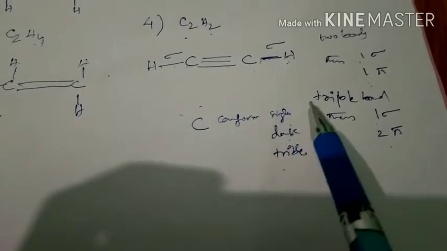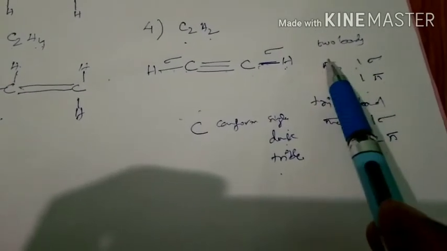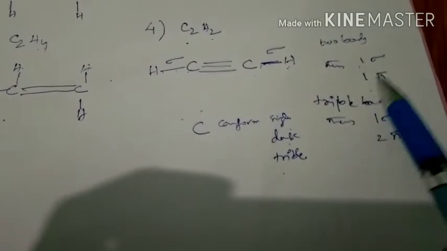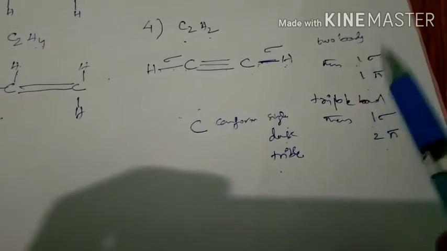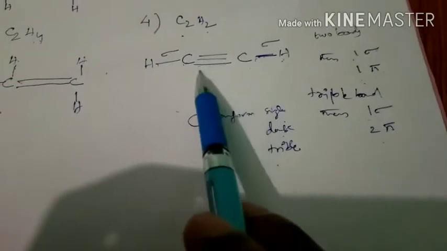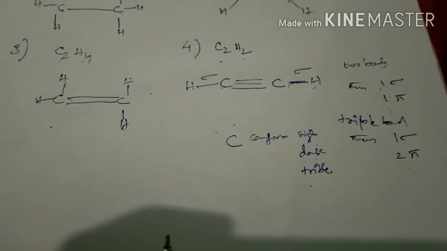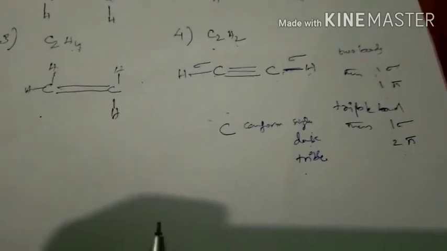So until then you remember, here no need to learn their definitions. You have to remember one point. If two bonds are present between any two atoms, then one is a sigma bond, one more is a pi bond. If one bond is present between any two atoms, that will be sigma. If a triple bond is present between two atoms, that contains one sigma and two pi bonds.